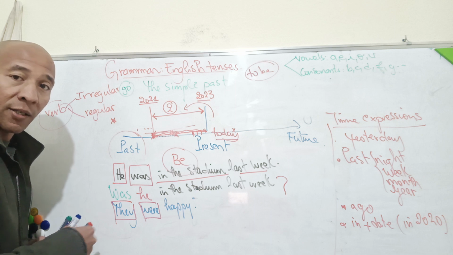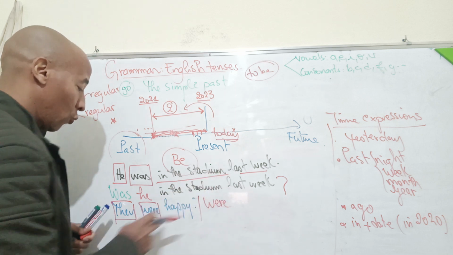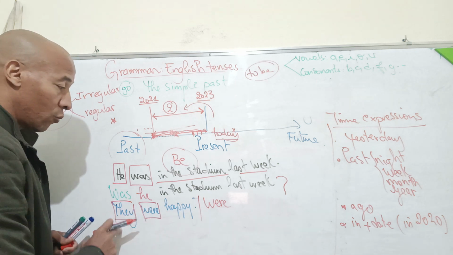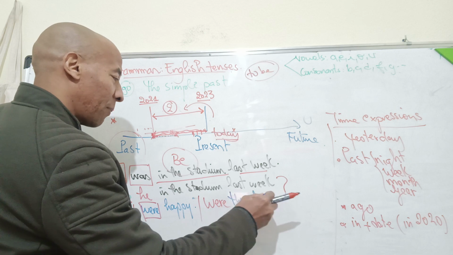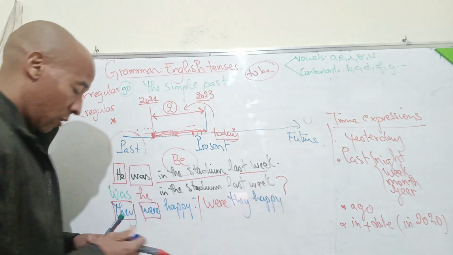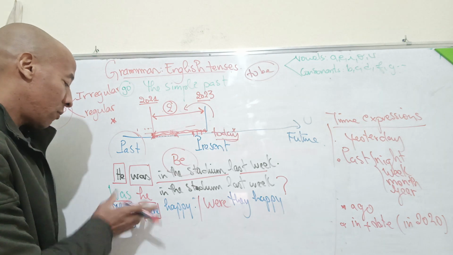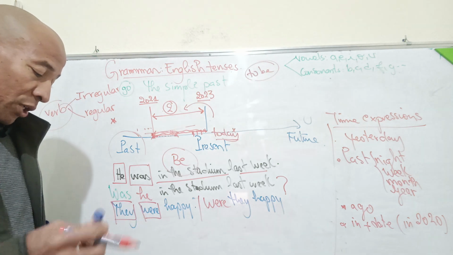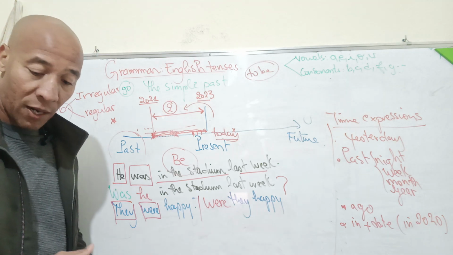So simply we could say, were they happy? Were they happy? So here we invert the subject to make a question in the simple past, right?